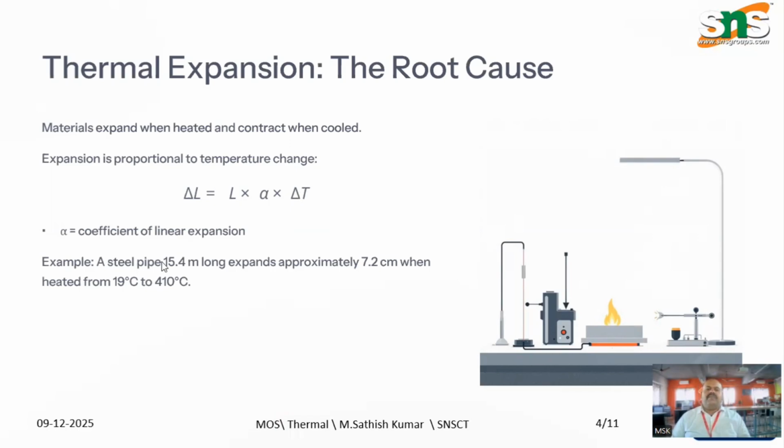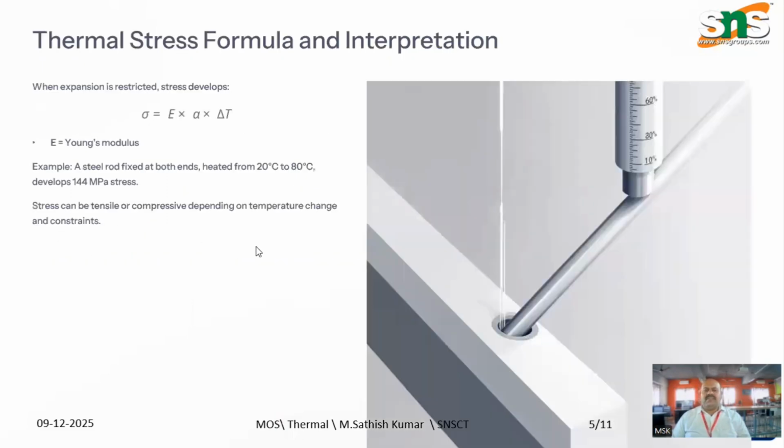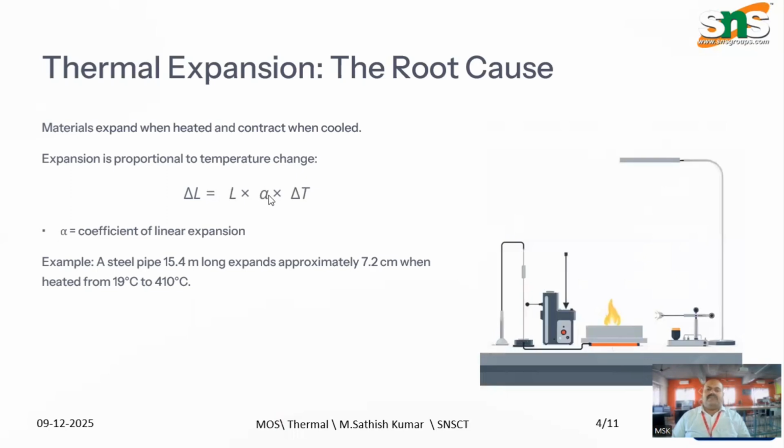A steel pipe 15.4 meters long expands approximately 7.2 centimeters when heated from 19 degrees to 410 degrees. So this is how thermal expansion affects it. This alpha value, the coefficient of thermal expansion, is always different for different materials.